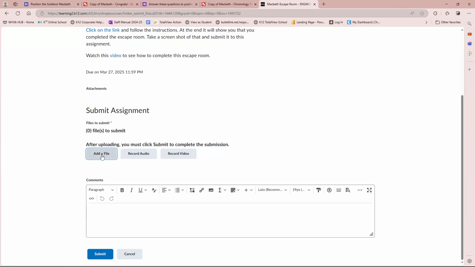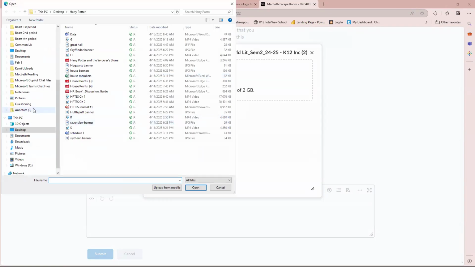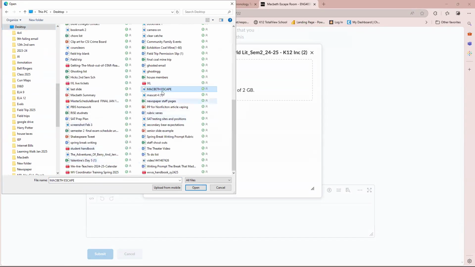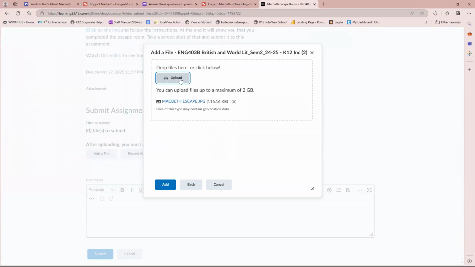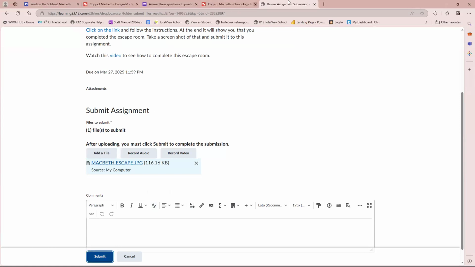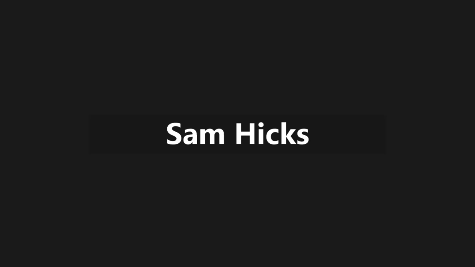You're going to click on it. You're going to add your screenshot. And oh, I didn't want to do that. Add and then submit. Right, so that should help you get through that escape room and get that assignment submitted.